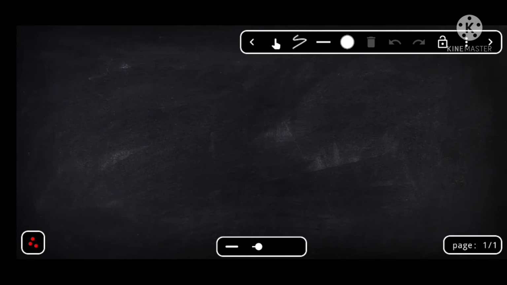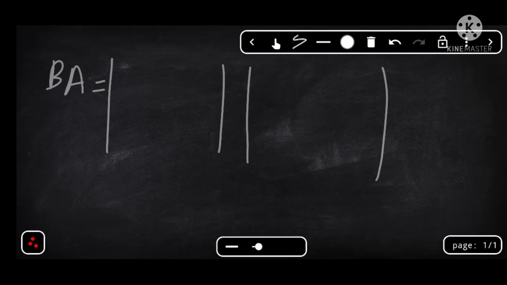First of all we are supposed to find out BA, so we need to multiply both the matrices. I hope you are very clear about matrix multiplication. Those who have doubt, just go through the previous session and understand how to do it.